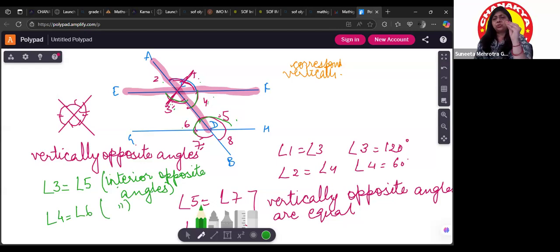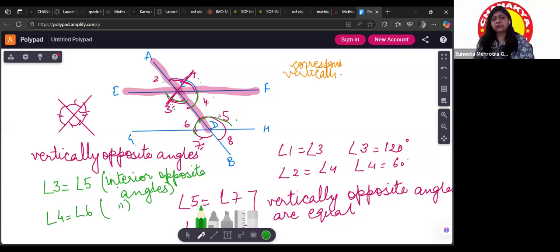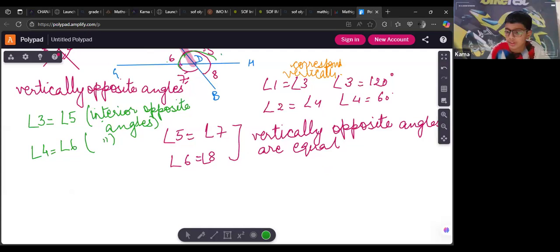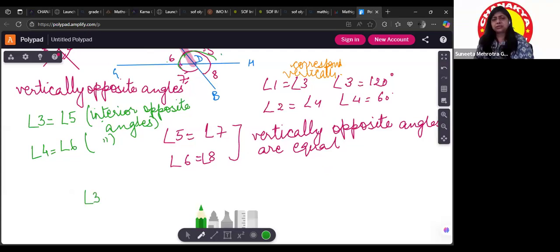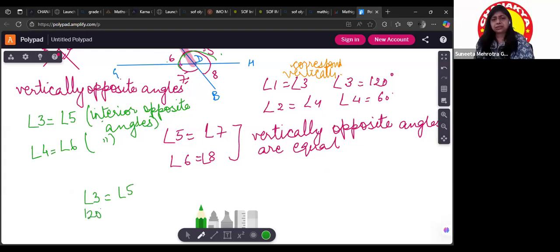Suppose you know that angle 3 is equal to 120 degrees, what about angle 5? Ma'am, what was the question again? I didn't hear you. Angle 3 is 120 degrees, so what about angle 5? Ma'am, angle 5 is also 120 degrees. What is the reason? Sorry, this is not interior opposite angles, there's a mistake.